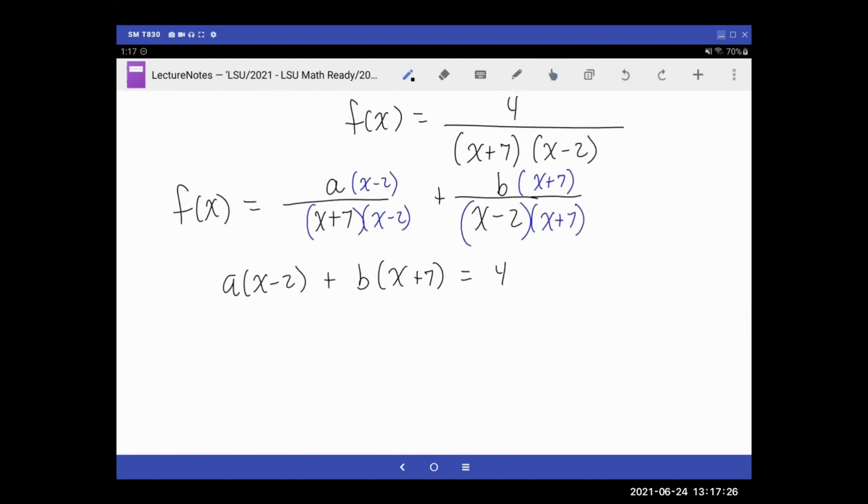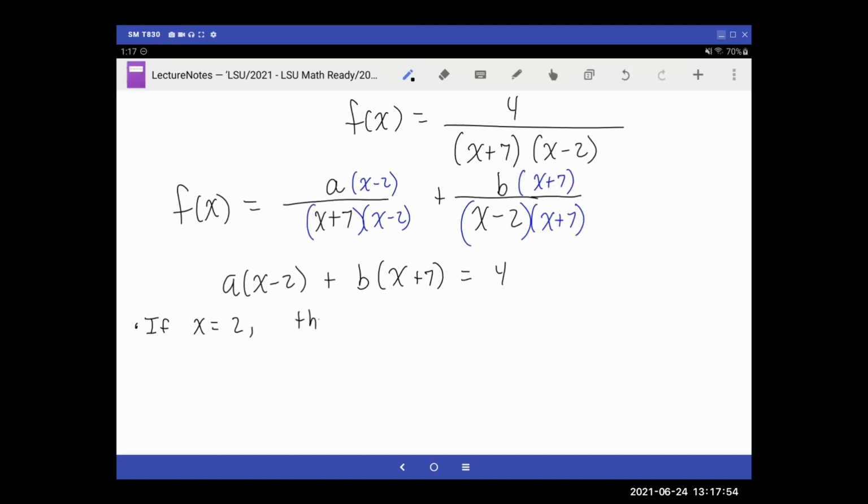Okay, and so from there, you can set up a system of equations, which is usually how you learn how to do this, but I want to show you a trick, a little shortcut. Not thinking about the original function, but just thinking about this equation right here. I have two scenarios that I want to play out. What happens if x equals 2? Well, imagine that for a second.